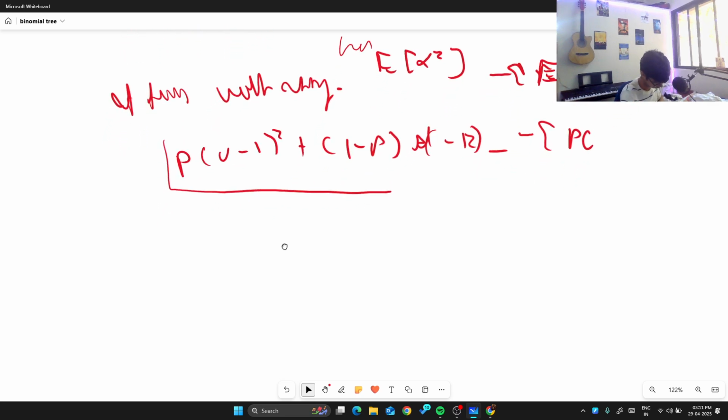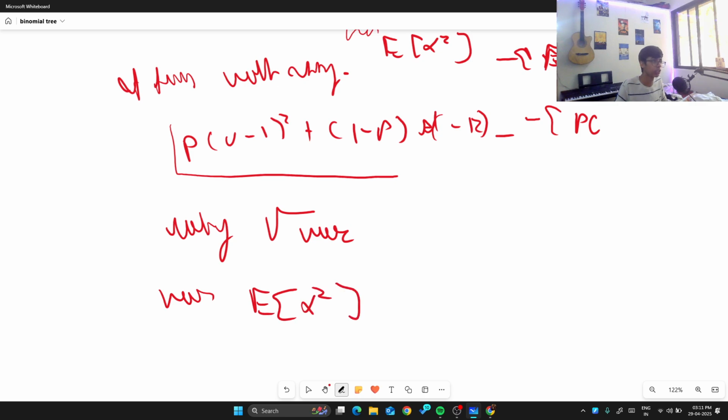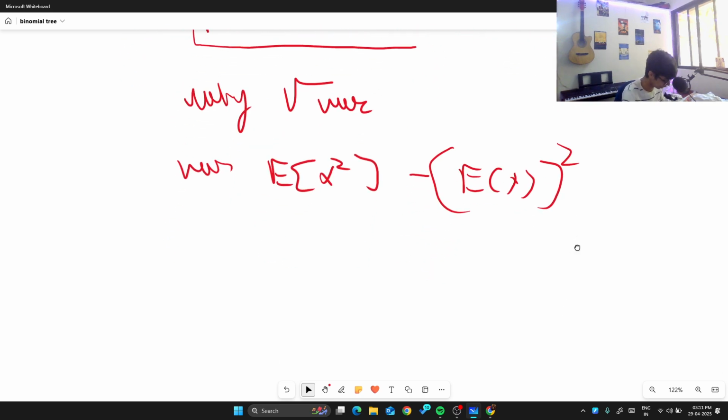So volatility is the standard deviation, the square root of variance, right? And the variance formula is the expectation of x square minus the expectation of x whole square. So we know how to find the expectation using the binomial model, right?